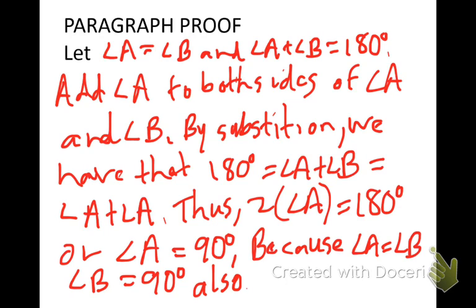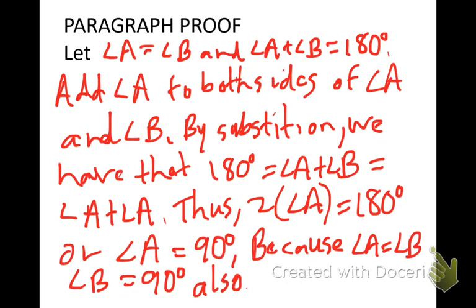All right, here's an example of what you might have said. Let angle A equal angle B, and angle A plus angle B equal 180. That's our given part.